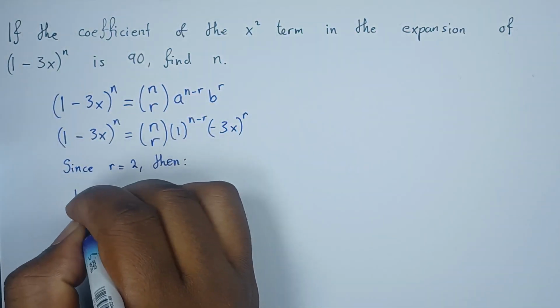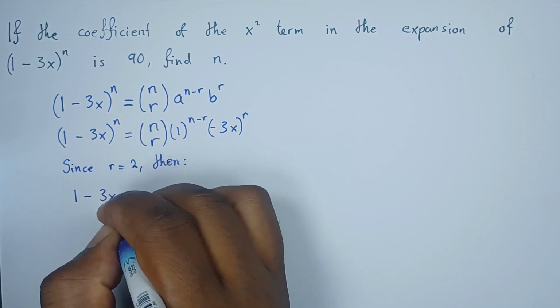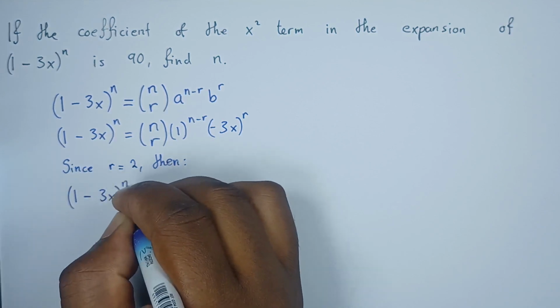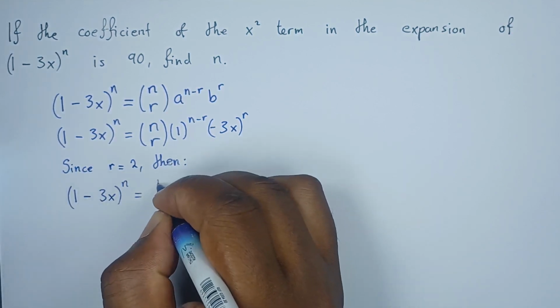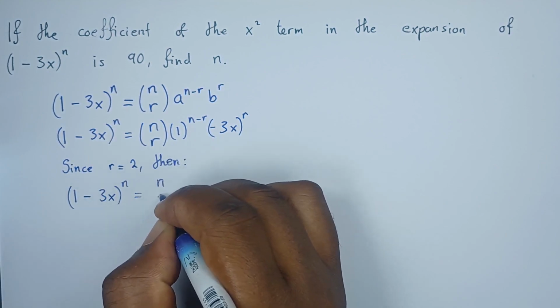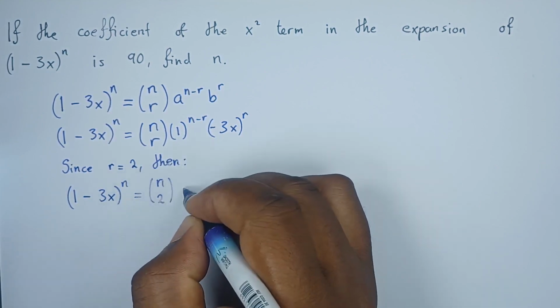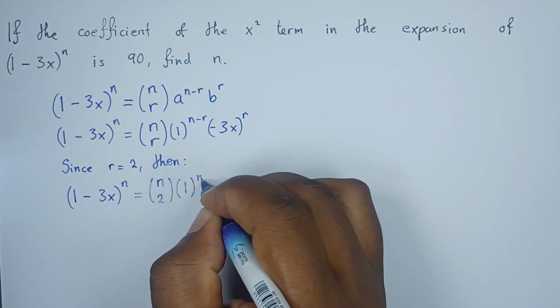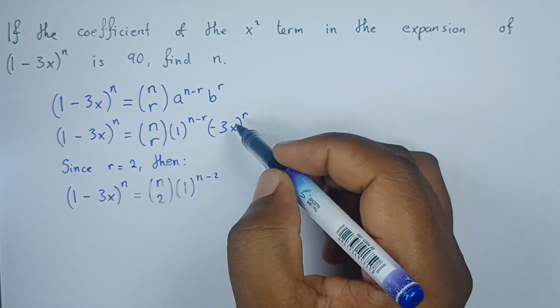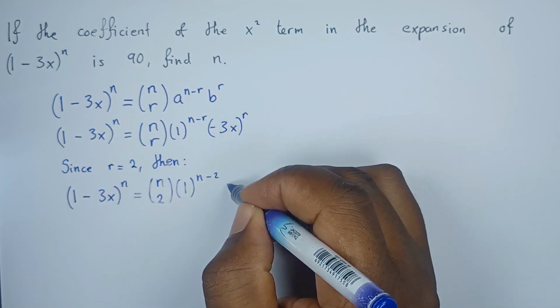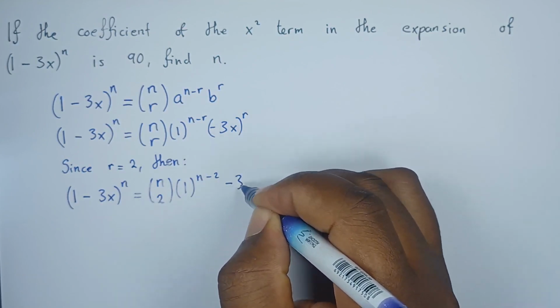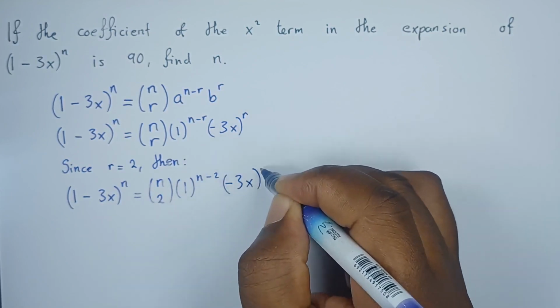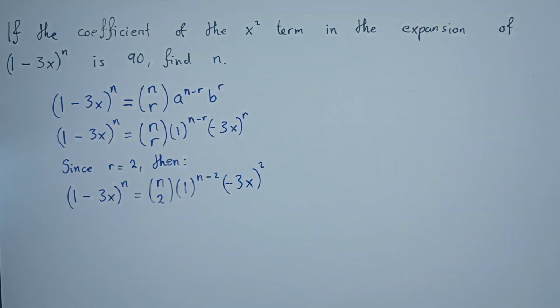We'll have (1 minus 3x) to the power n is equal to n combine 2, 1 to the power n minus 2. Then here we have negative 3x in brackets squared.